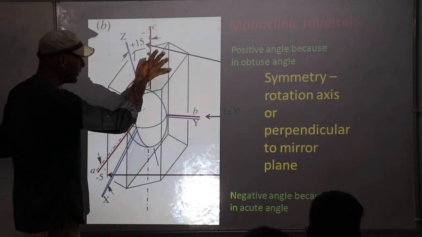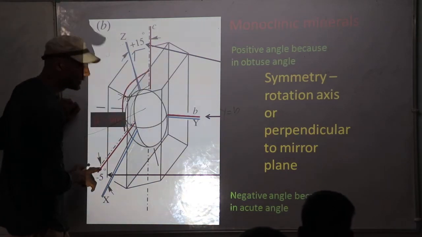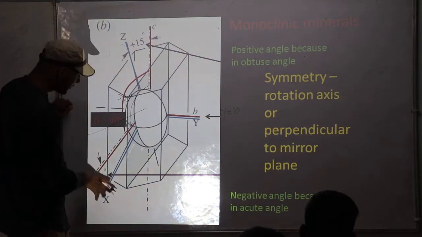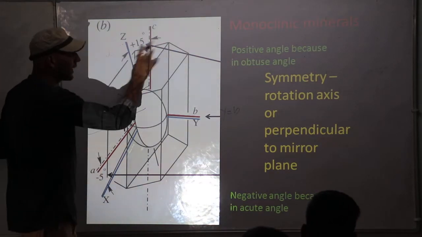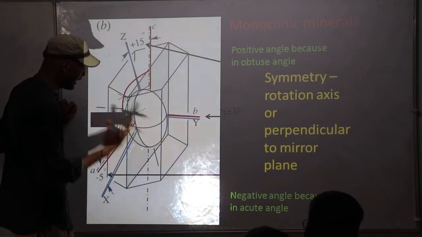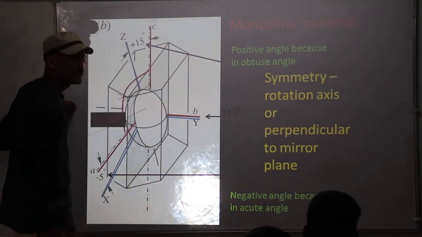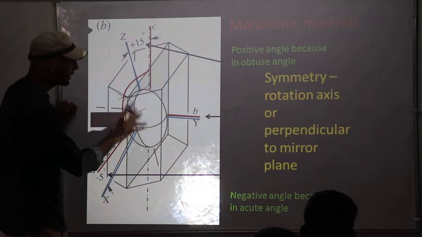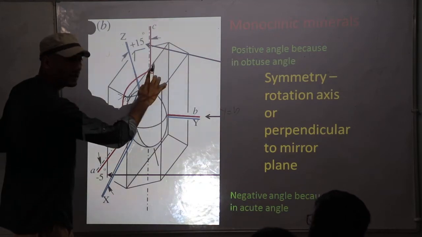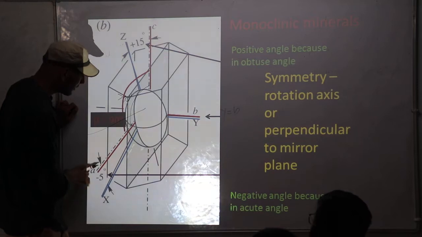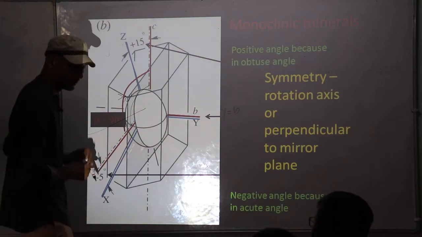So if Z coincides with C, X cannot coincide with A. If X coincides with A, Z cannot coincide with C. And another case, X will not coincide with A, and Z will not coincide with C. This is the diagram showing Z is not coinciding with C, and X is not coinciding with A. You can see here.